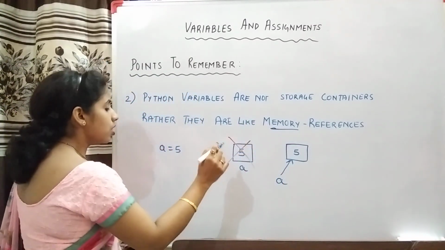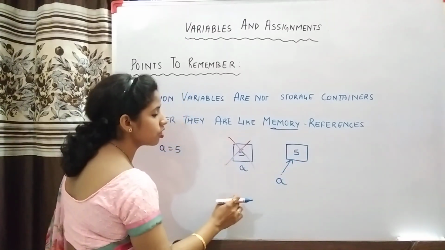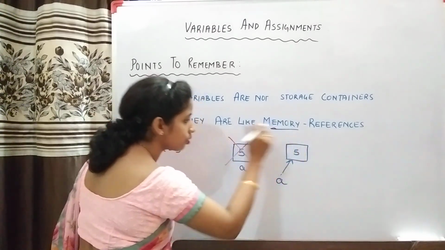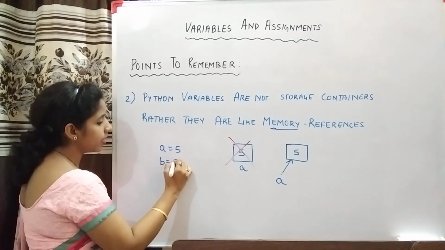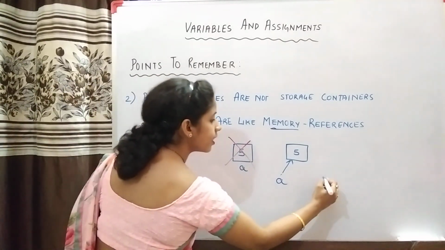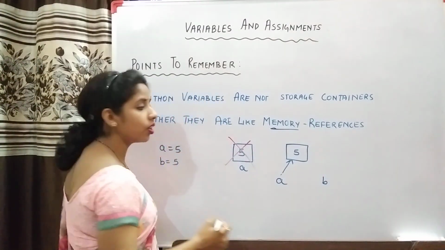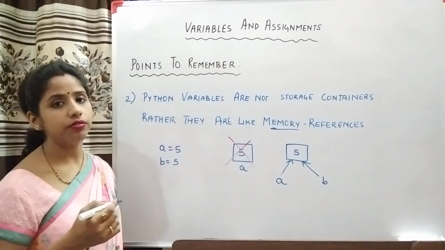Clear? So here you can see that this variable is pointing to this location instead of becoming the name of this location. Now if in the second line I write b = 5, then b will also be present at some other location, and b will be pointing again to where 5 is stored.